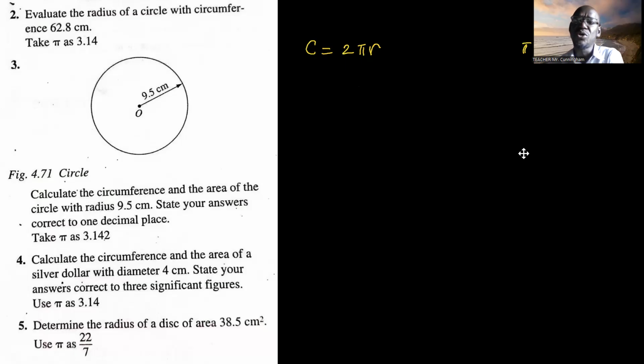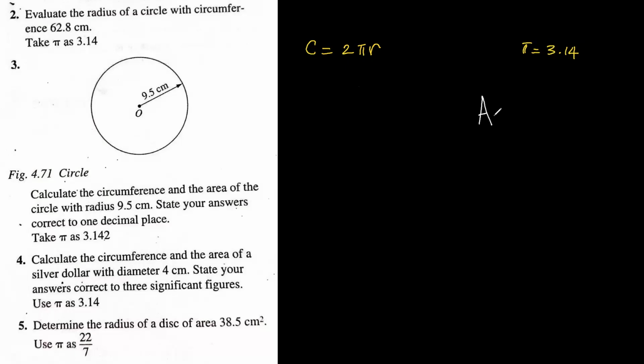We also looked at area of a circle, and I saw some people getting some problems. Area of a circle is equal to pi r squared. So A is equal to pi r squared. We're going to talk about that shortly because some people had some errors with respect to this in the homework.